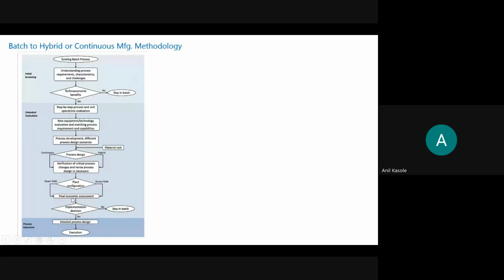Based on that, the final budgeting or financial assessments are made. Finally, the implementation decision is made, and the detailed process design and evaluation is completed. So every industry that wants to go from batch to continuous has to do this complete assessment. This is a typical workflow.